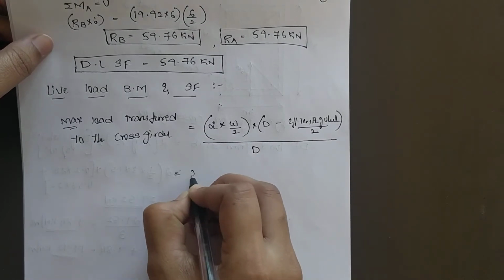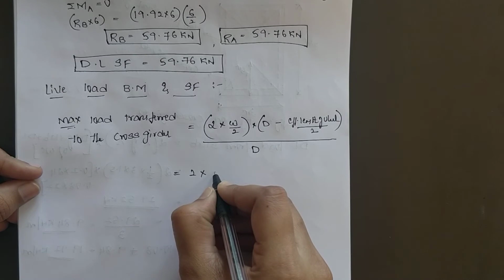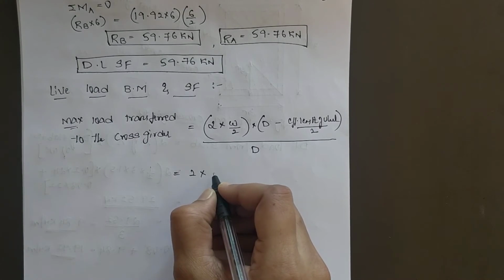Substitute here 2 into W, where W is the total wheel load for IRC class AA tracked vehicle, which is 700.